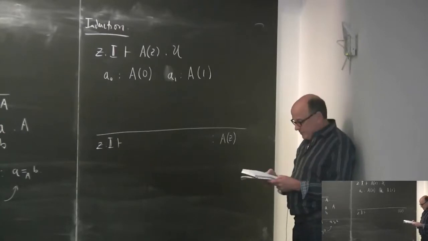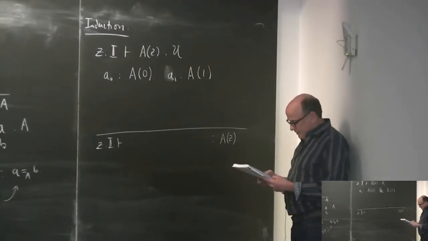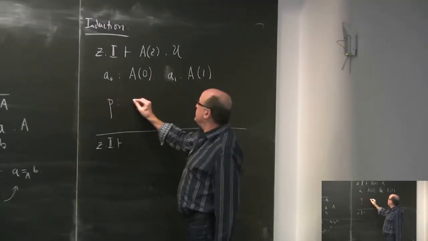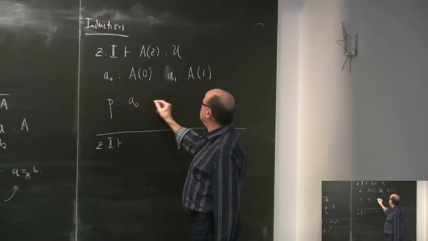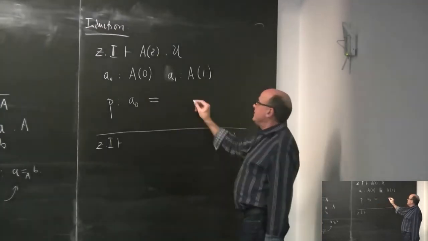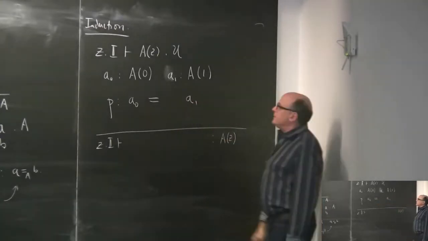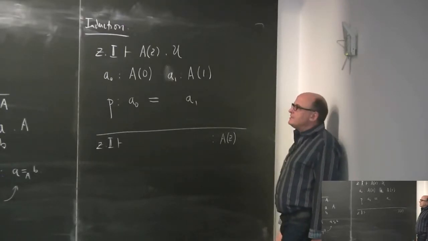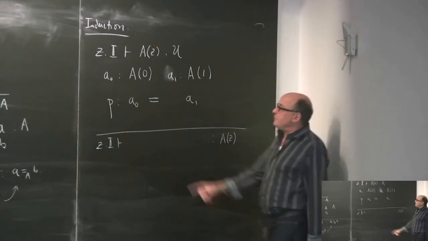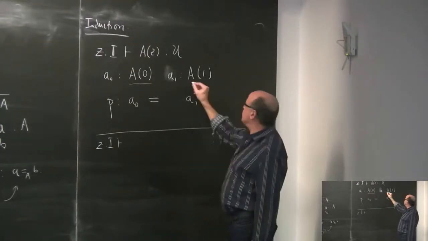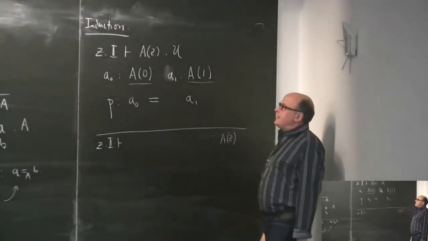And then I must also supply a path that says A0 is equal to A1. It's not really right to say that A0 is equal to A1, because these are different types. A0 is of type A of 0 and A1 is of type A of 1.